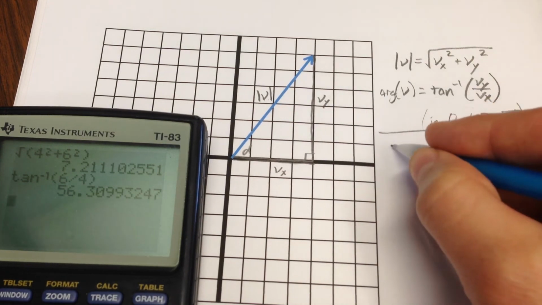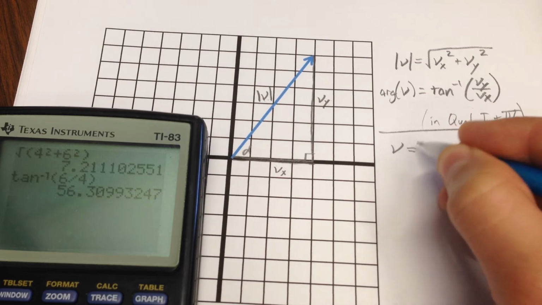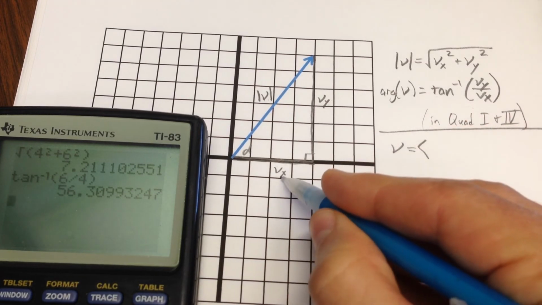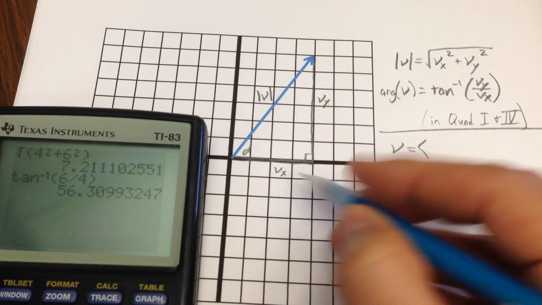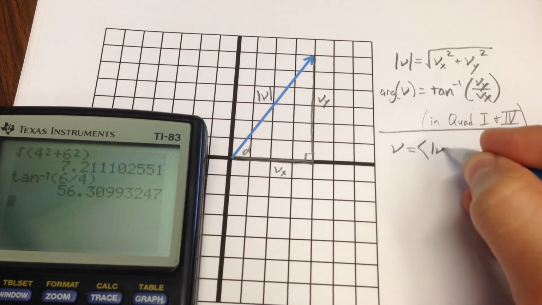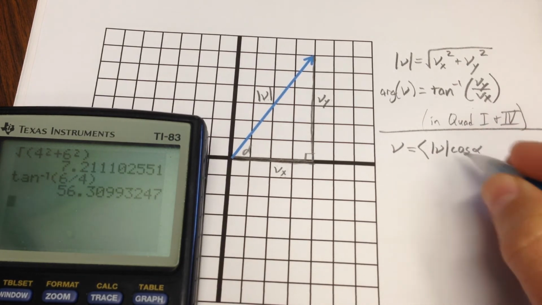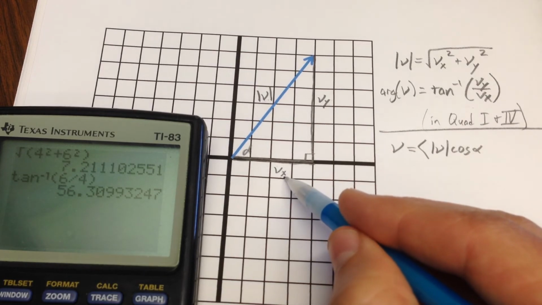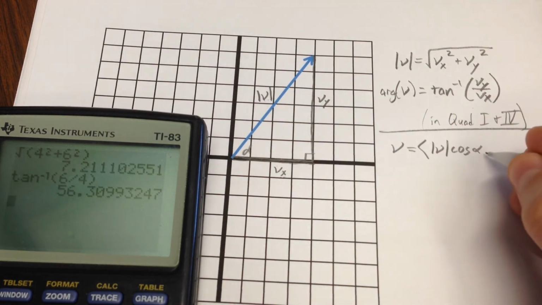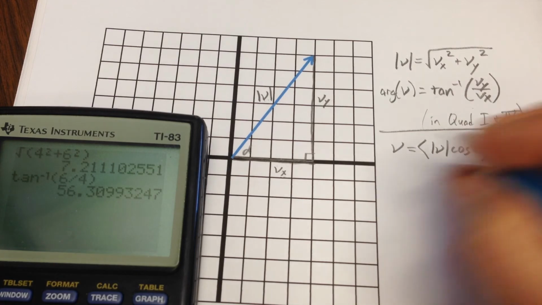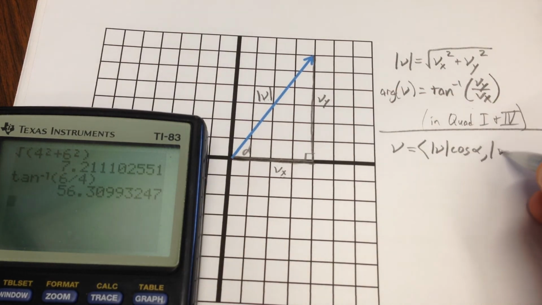So the x-coordinate, vx, is going to be equal to the magnitude of v times cosine of alpha, right? Because cosine of alpha is the x direction over magnitude of v. And the y direction, similarly, is related by sine. It's the magnitude of v times sine alpha.